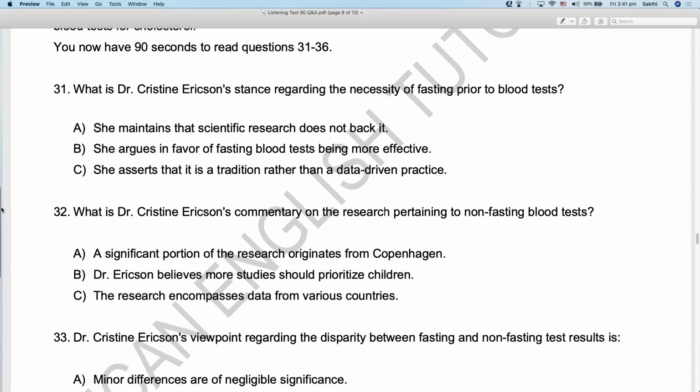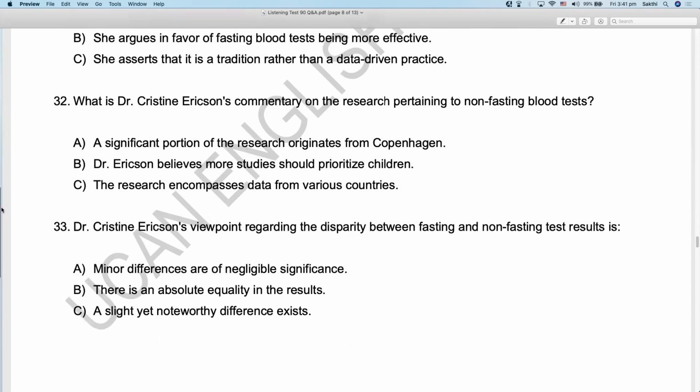For questions 31 to 42, choose the answer A, B, or C, which fits best according to what you hear. Now look at Extract 1. Extract 1, questions 31 to 36. You hear an interview with Dr. Christine Erickson, who's talking about her research supporting non-fasting lipid blood tests for cholesterol. You now have 90 seconds to read questions 31 to 36.